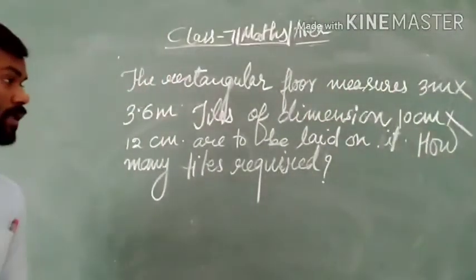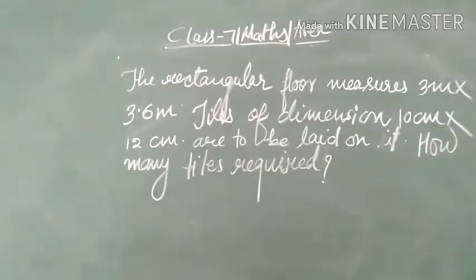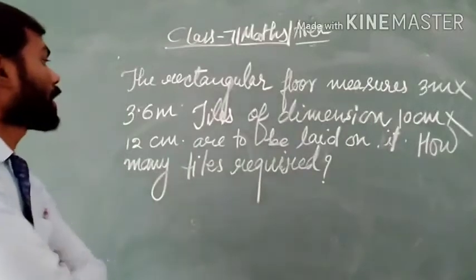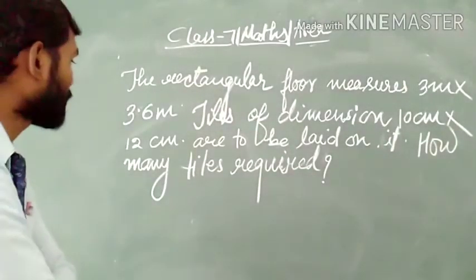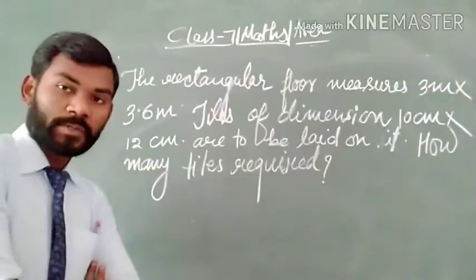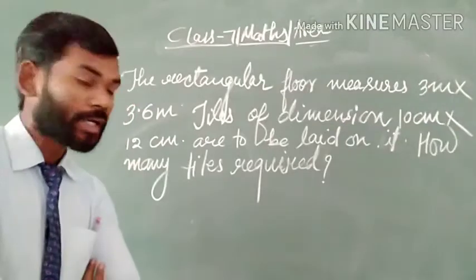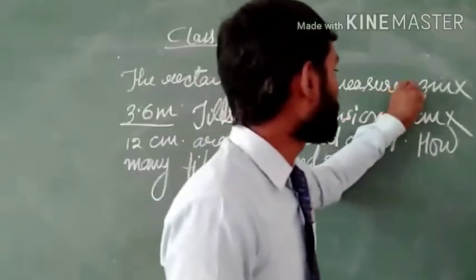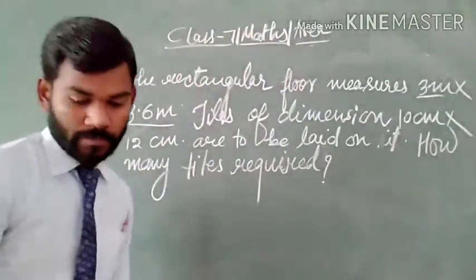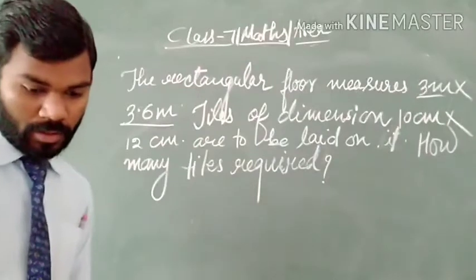So read the question carefully in order to get the meaning. Here the question says that the rectangular floor measures 3 meter and 3.6 meter, which means that since the floor is rectangular, its length will be 3.6 meter and width will be 3 meter.